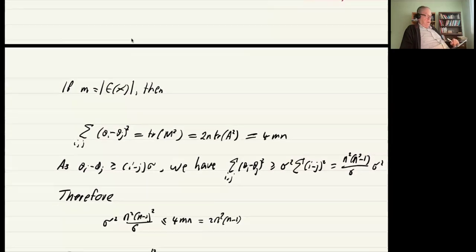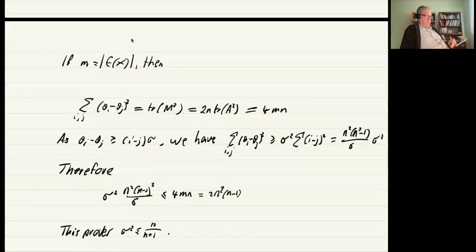Now, the other assumption we've made here is that the difference between two eigenvalues theta i and theta j is at least sigma. The difference between theta 3 and theta 1 is the sum of the differences, theta 3 minus theta 2 plus theta 2 minus theta 1. So we get this. This is where I'm using the fact that my eigenvalues are in order.